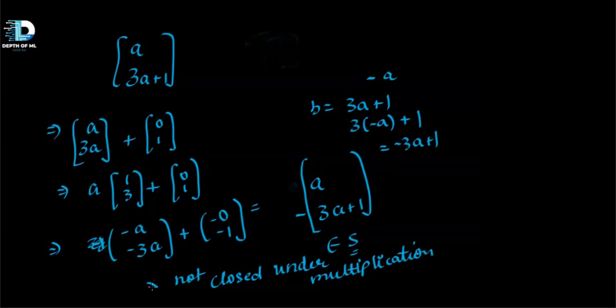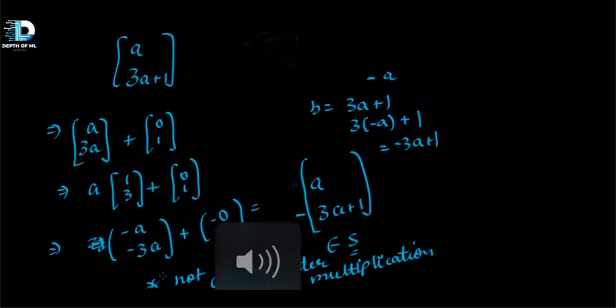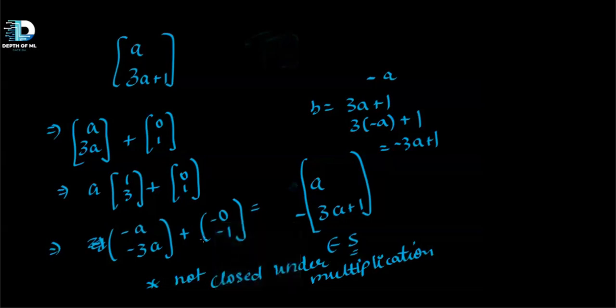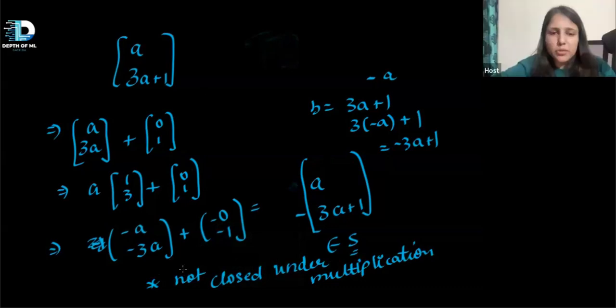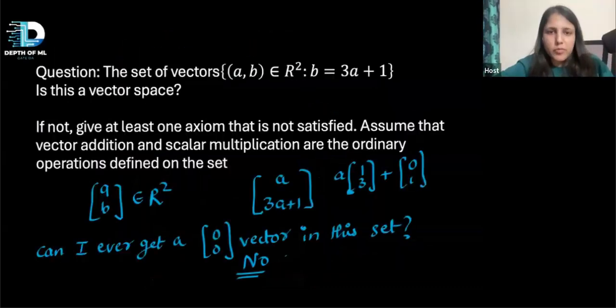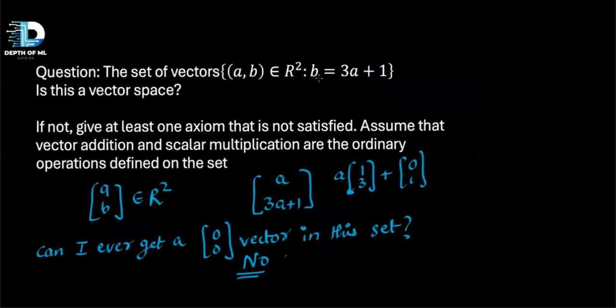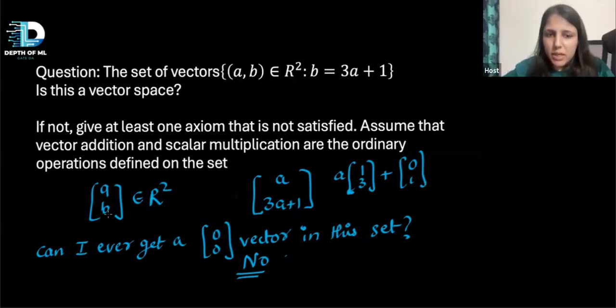Ma'am, is the complete vector a, 3a plus 1 treated as one vector x, or should we write a 1 3 plus 0 1, taking x and y separately? No, the complete vector should be taken as x. I think I confused you guys. So the vectors are of this form: A and B is the complete vector.